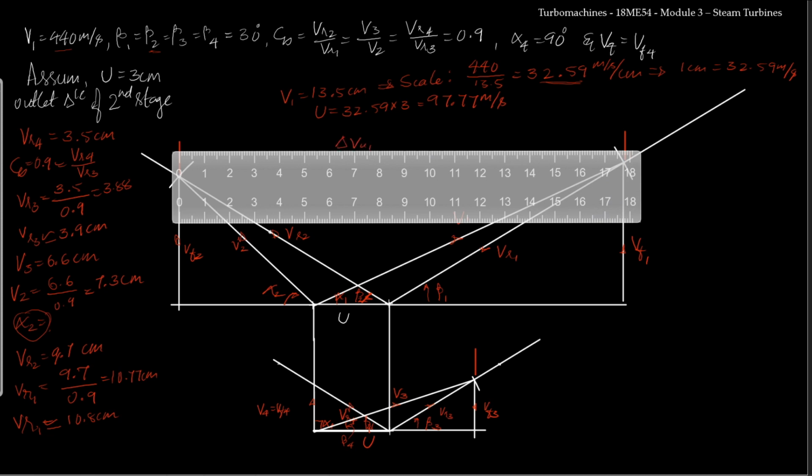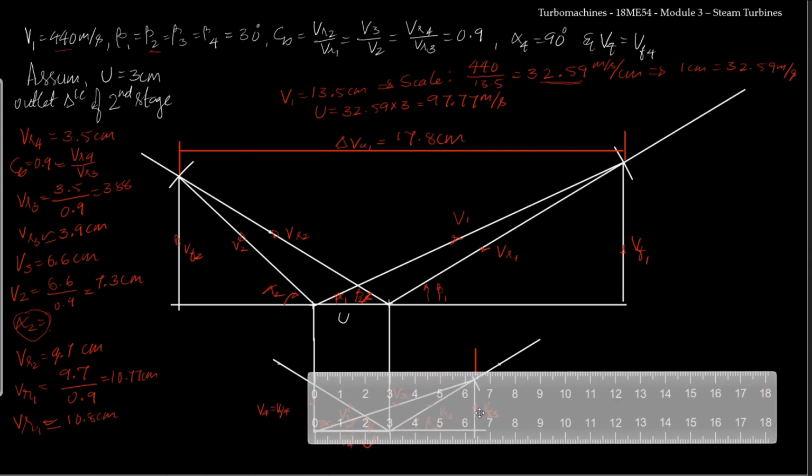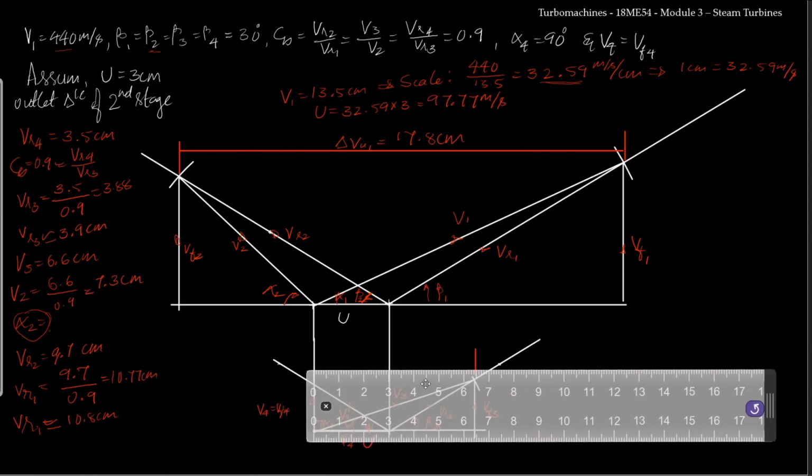delta Vu1 is approximately equal to 17.8 centimeters. That is from here till here. This is our delta Vu1. Similarly, this length will be our delta Vu2.